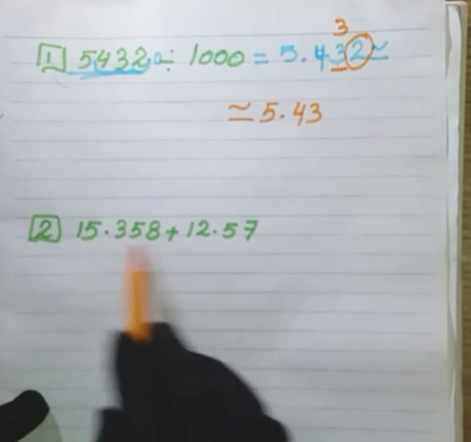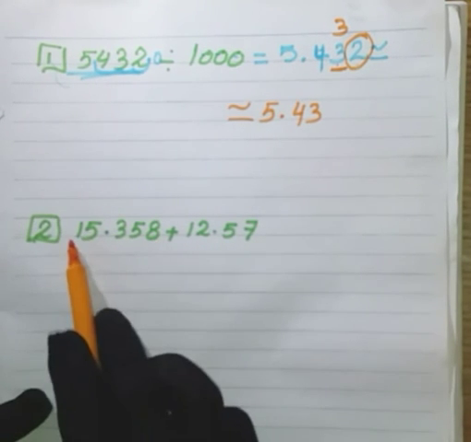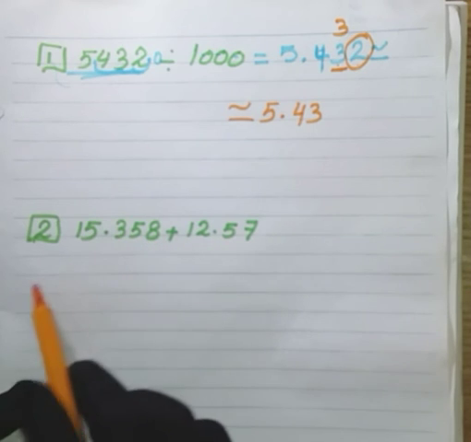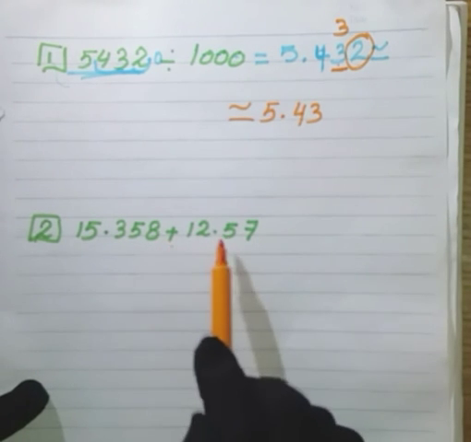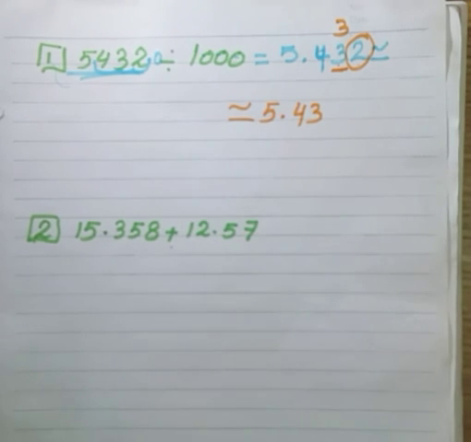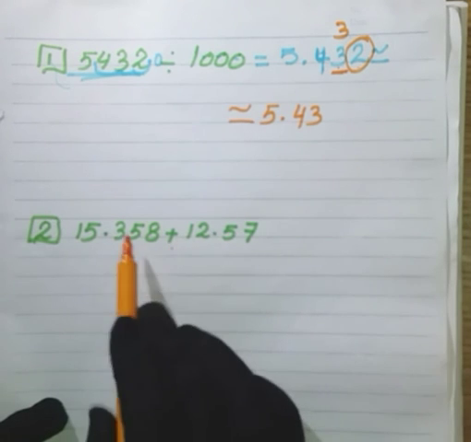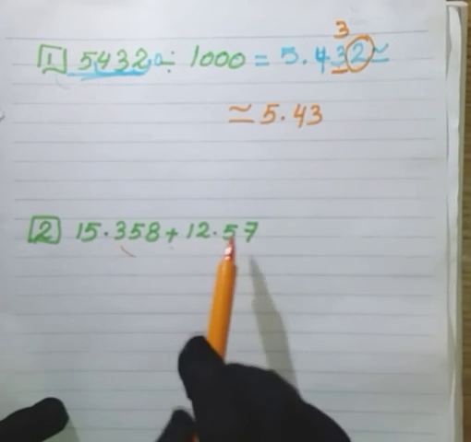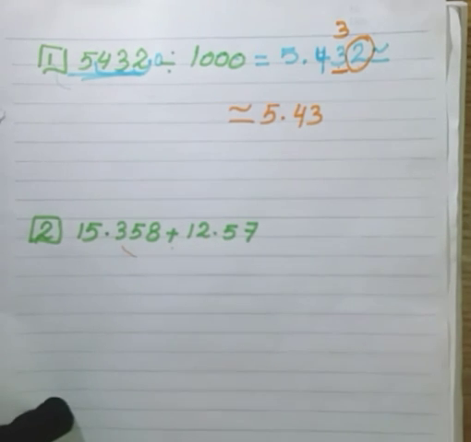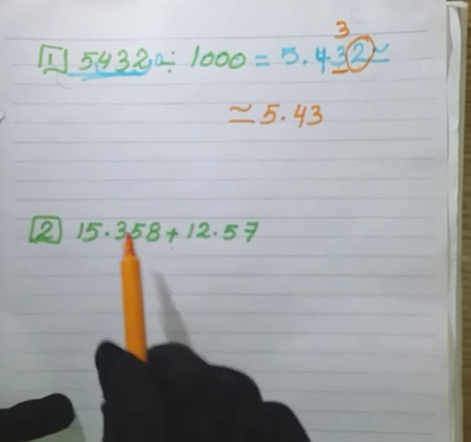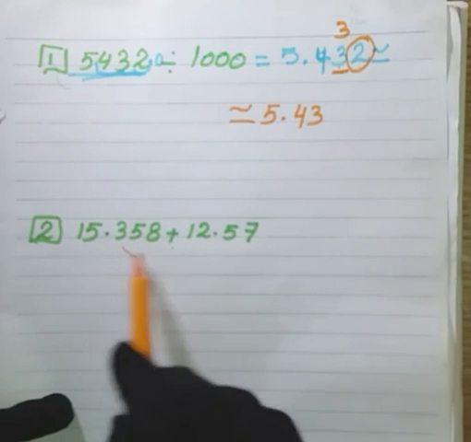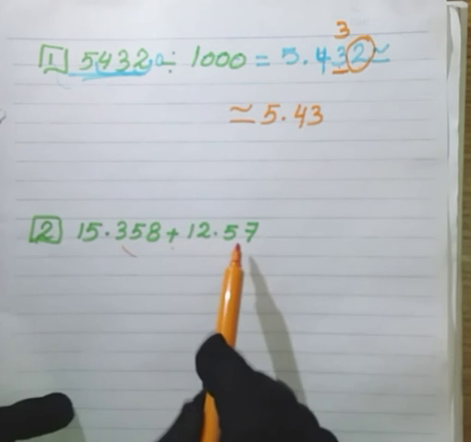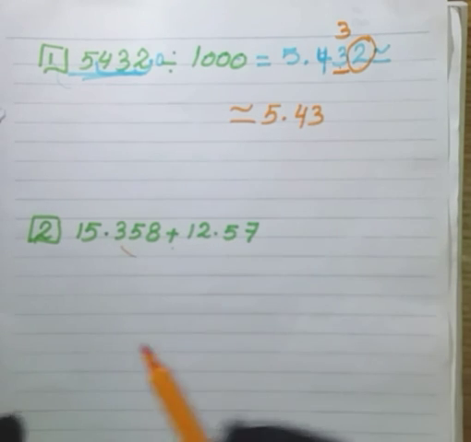Question 2, I have now this number 15 and 358 thousandths plus 12 and 57 hundredths. In the beginning, I have to find the answer of this addition operation. Like we said before, to make any addition operation for decimal numbers, I have to make the balance.